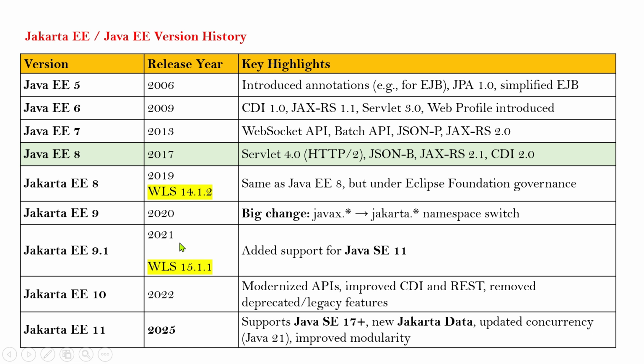Okay, so we have to wait some more time for Oracle to release a new version of WebLogic so that it can support the latest Jakarta Enterprise Editions, which are 10 and 11. Okay, but this is where, as of now, the latest two versions of WebLogic stand.